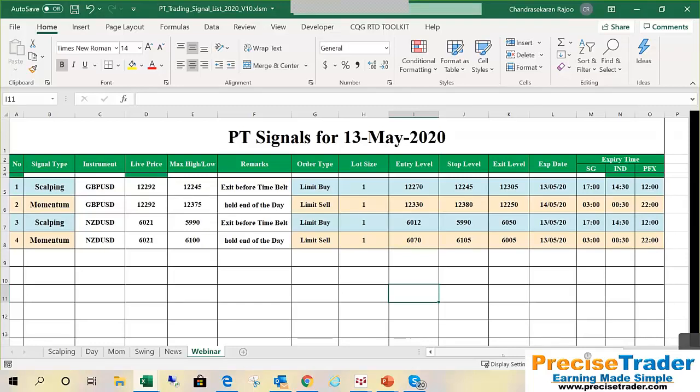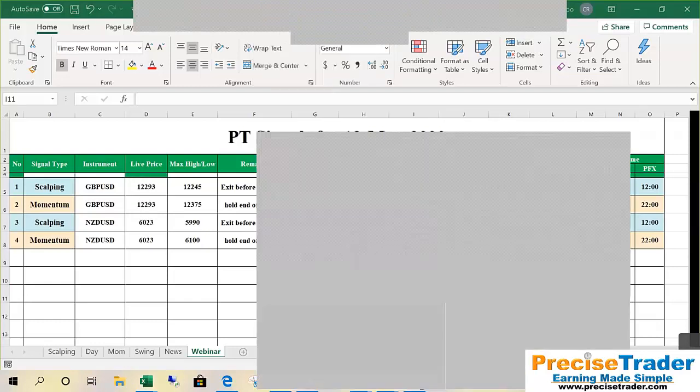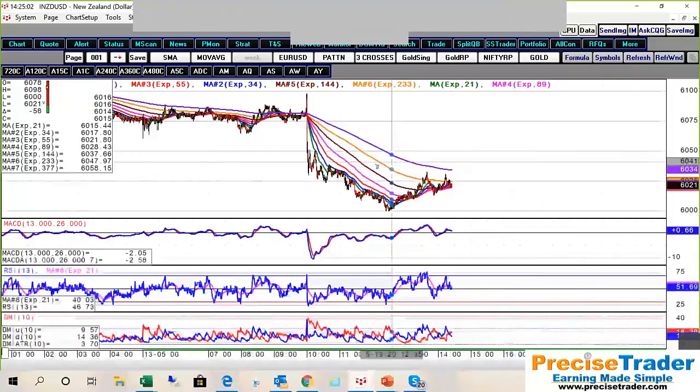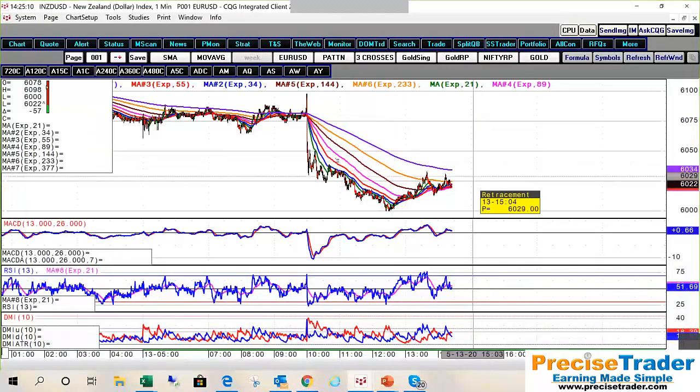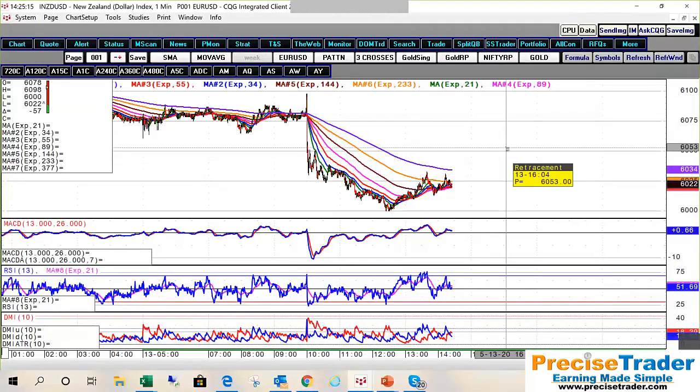Okay, the question was the difference between buy limit and buy stop. Basically, buy limit means, if the market is trading right now at 6021, when you put a limit, you are trying to negotiate with the market and get the best out of the market.